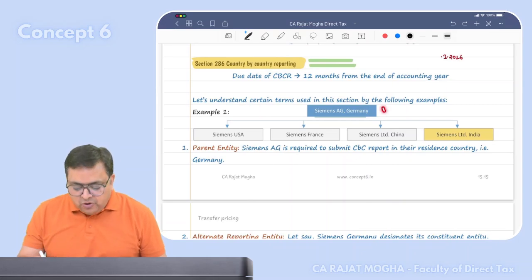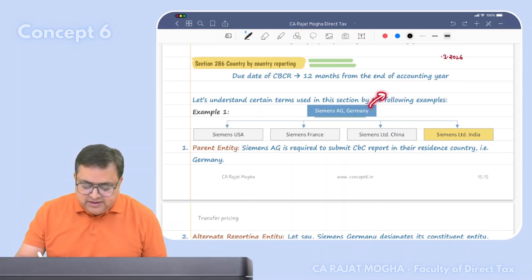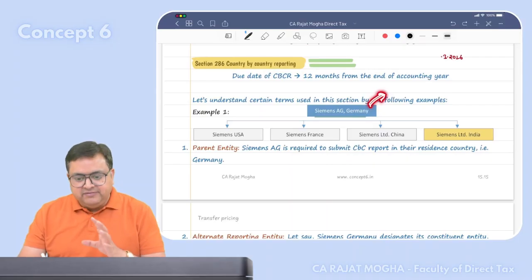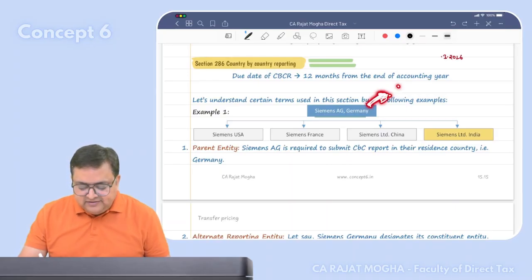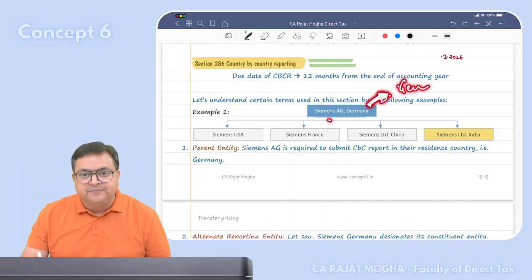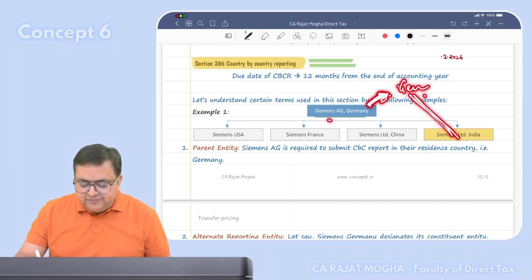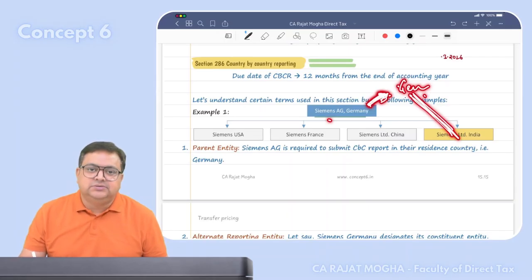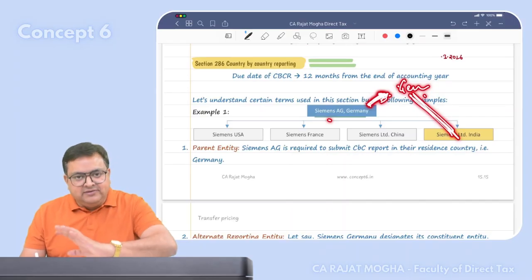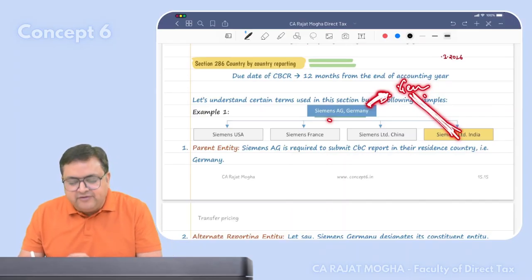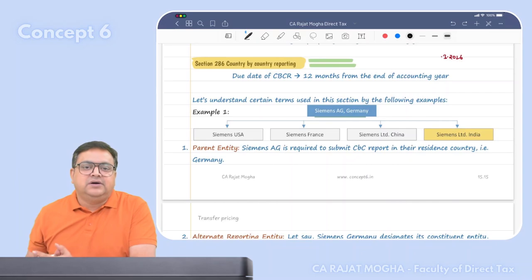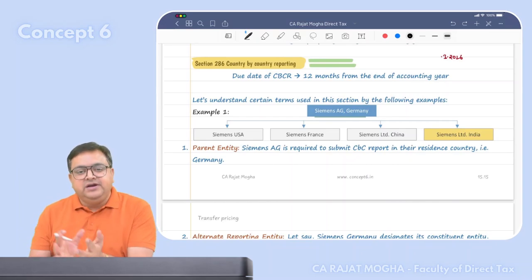Or let's say, for example, Germany has CBCR reporting compliances, although we have DTAA with Germany. So let's say Siemens Germany has filed CBCR with the German authorities, but we don't have the exchange agreement, or we don't have the DTAA with them.